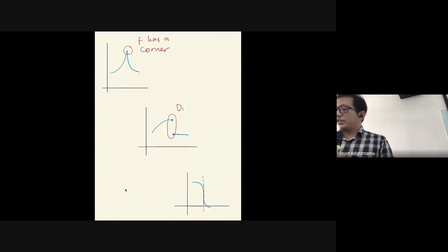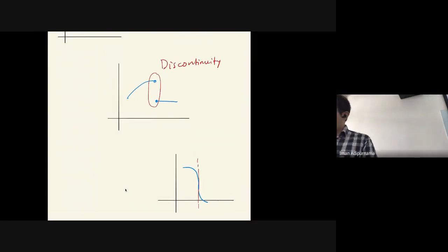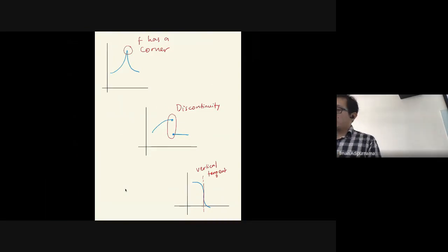Here we have discontinuity, or jump discontinuity, you can say. And in the third one, we have the vertical tangent. This red line is a vertical tangent. Okay, all these three are not differentiable. All these three fail to be differentiable.